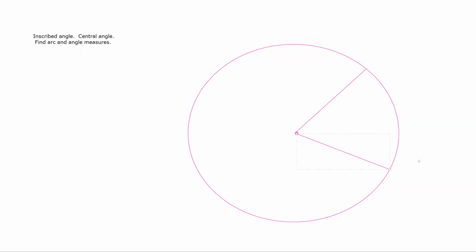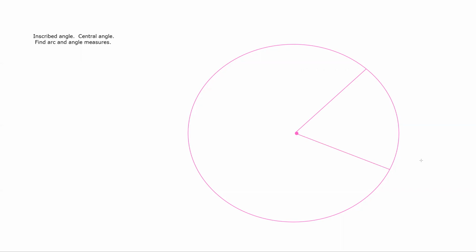Well, let's draw this out. Let's draw an inscribed angle and a central angle. Remember, the central angle is formed when the vertex of the angle is on the center of the circle. So here's my central angle. Okay.